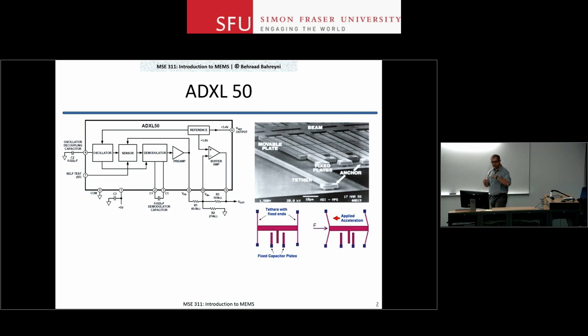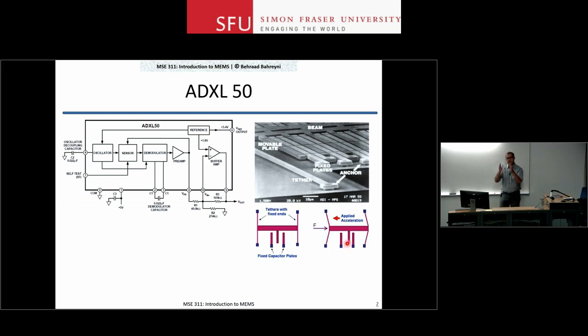So the diagram at the bottom shows you how that works. Once the proof mass goes from here, the rest position, to the right, the finger that is attached to the proof mass becomes closer to a stationary finger, let's say on the right here, and the gap between the moving finger and the stationary finger on the left increases.